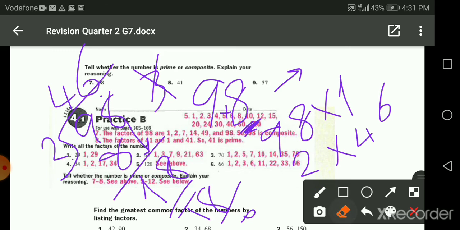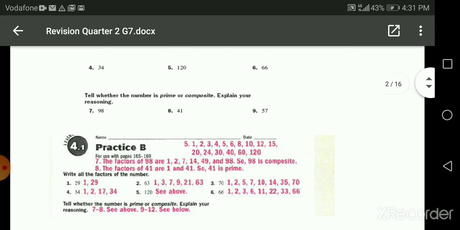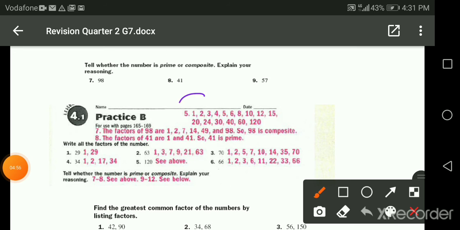Do it. It's easy. I have here 98 divided by 4. We will erase all of this and write it again. 98 divided by 4.